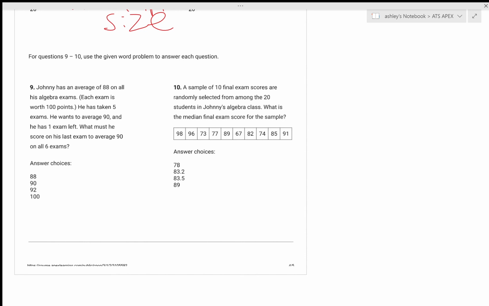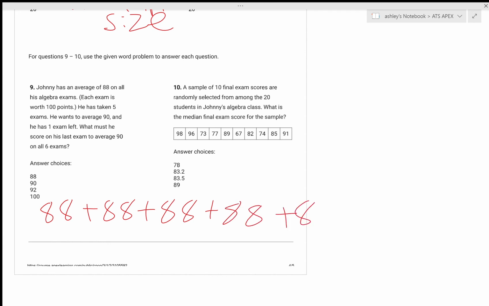He has taken 5 exams, so I have 88 plus 88 plus 88 plus 88 plus 88. He did it 5 times, got the same score. He wants his average to be a 90, and he has 1 test left to take, so that's our X.